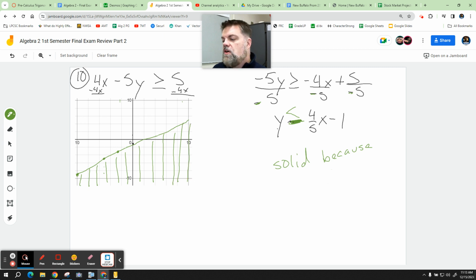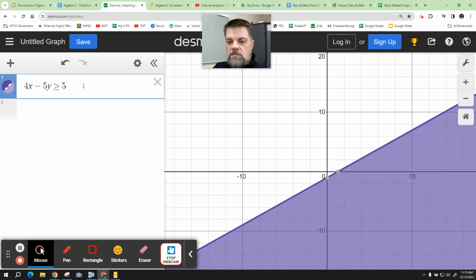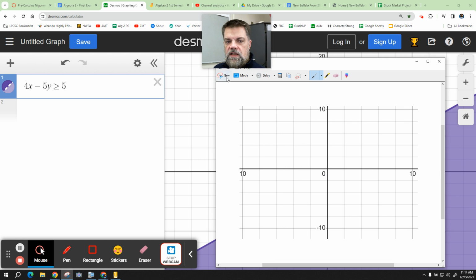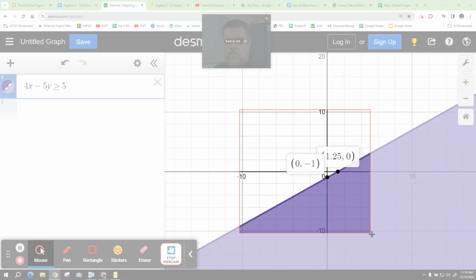Okay. So how do I double check that? Well, easy. I just plug it into Desmos. Right? So let's do it. That was 4x minus 5y is greater than or equal to 5. And I'm just going to make sure that I have the right things here. And we'll just sketch this or take a screenshot of this actually.